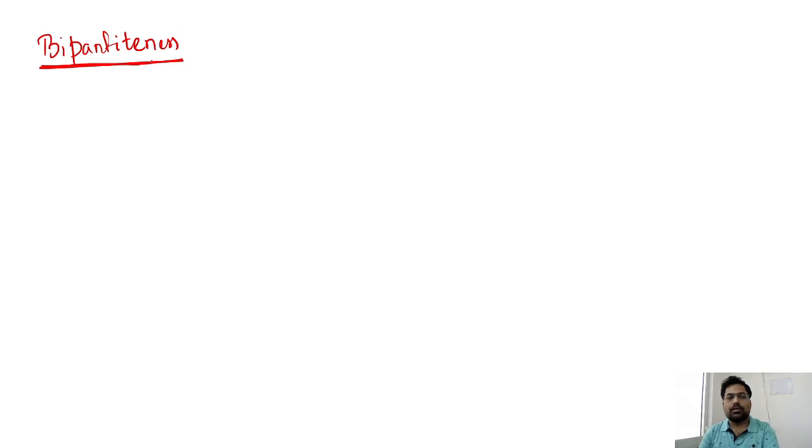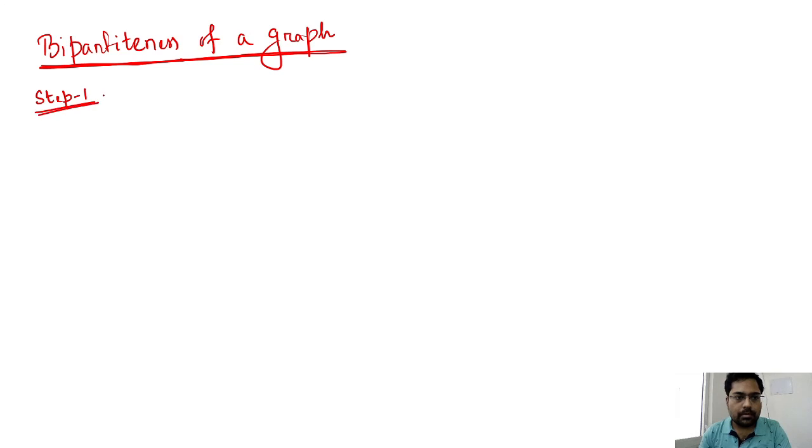If you want to check the bipartiteness of a graph, the first step is... I have seen many videos and much content on the internet, as well as books I have read, and I found all are starting with -1, 0, some naming conventions like 0, 1.